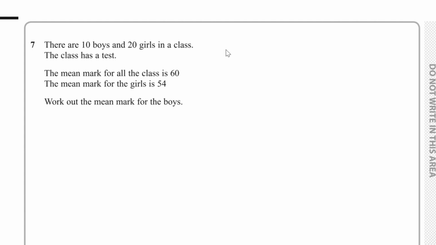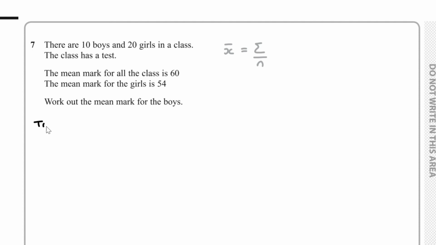Well, we know that the mean is given by the sum of all the marks over the number of pieces of data we have. We can use the information given about the entire class to find out the total mark for all of the class.